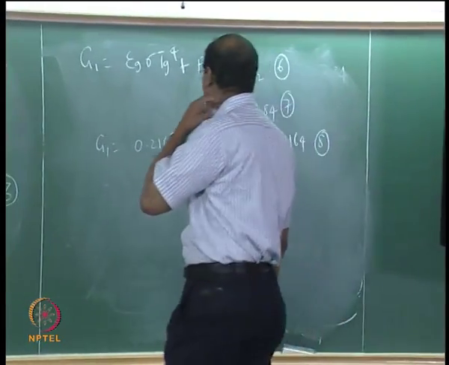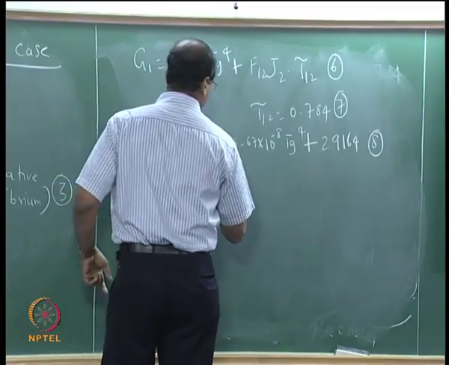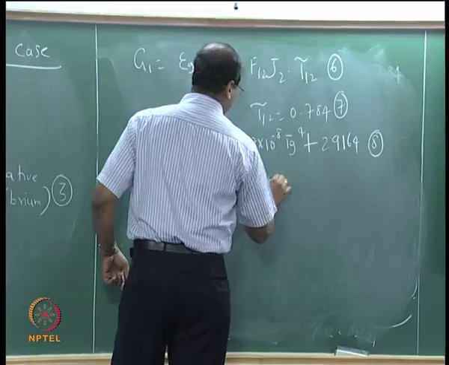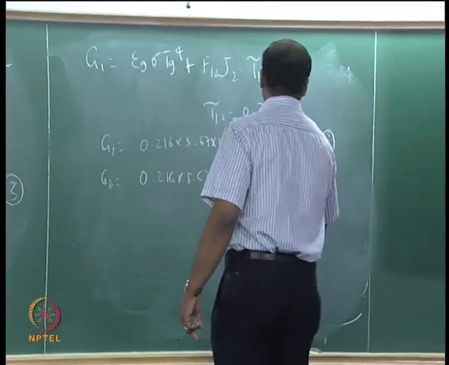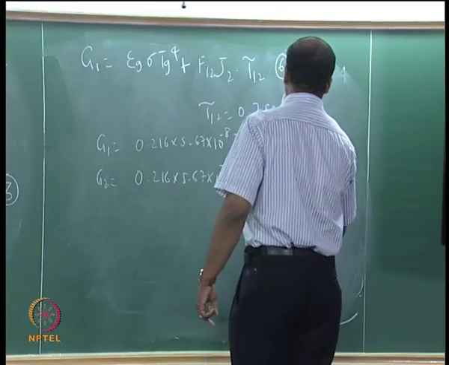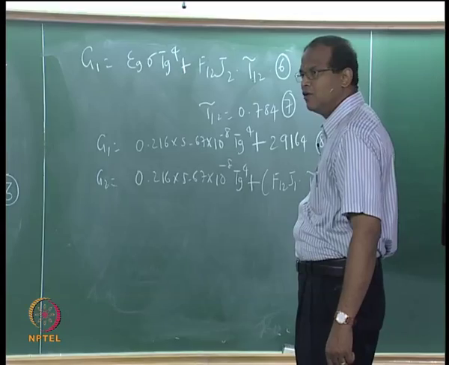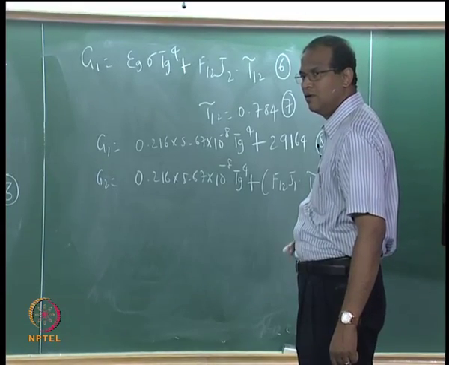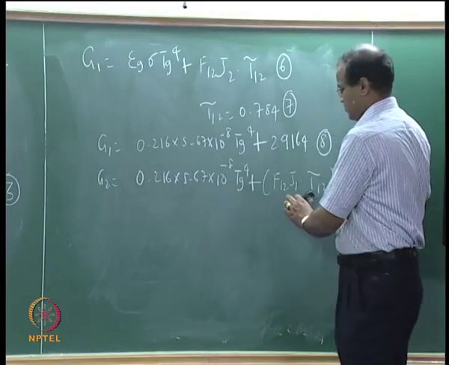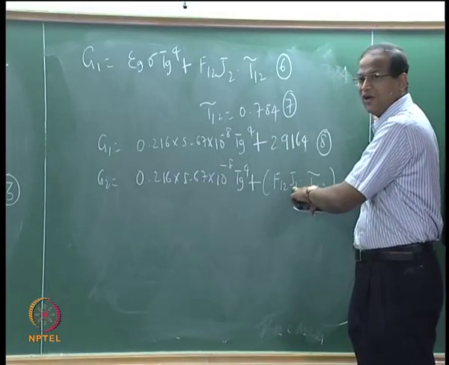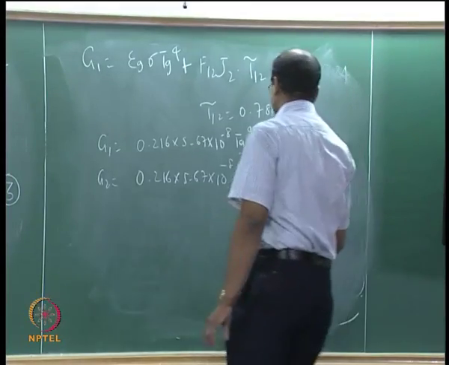Okay, so G2, plus. This will be too much. How much is it? Okay, I will erase this. You have to calculate this. F12 is 1, J1 is 2.87 10 to the 5. This is 0.784. This is 2.25.